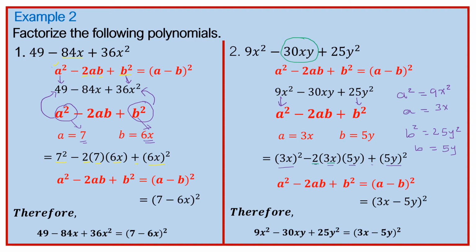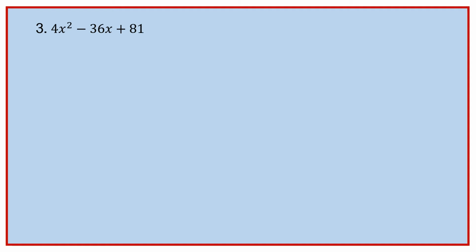Okay? So let us get another polynomial. We have 4x squared minus 36x plus 81. We need to know what is a and what is b. We can see that a squared is 4x squared.